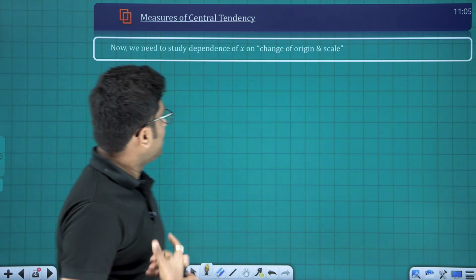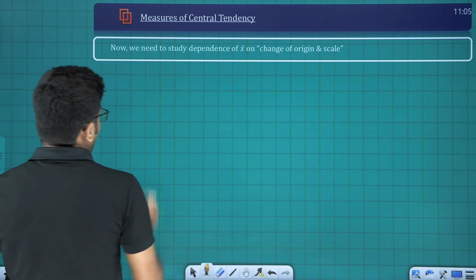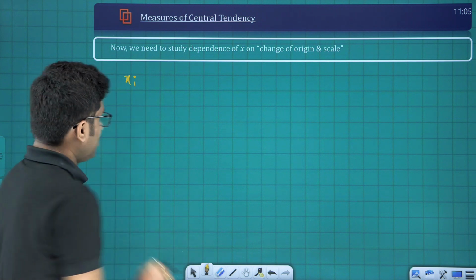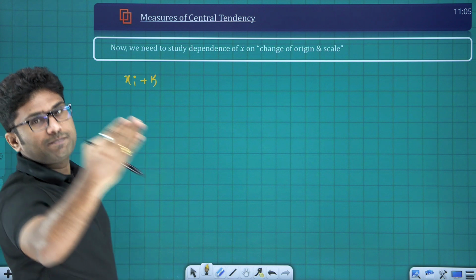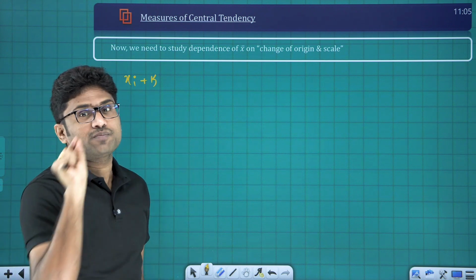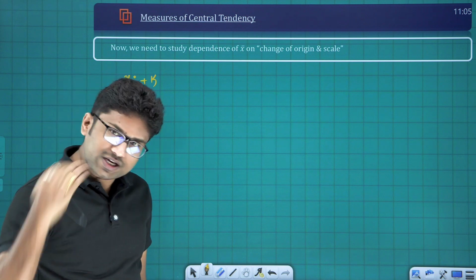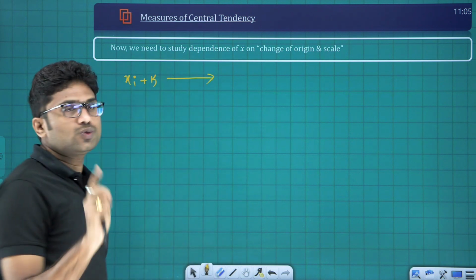Now we need to study the dependence of x bar on the change of observations. This is something important. Now friends, if each observation xi is increased by a constant k, or decreased, anything is fine, then how is the mean going to change?